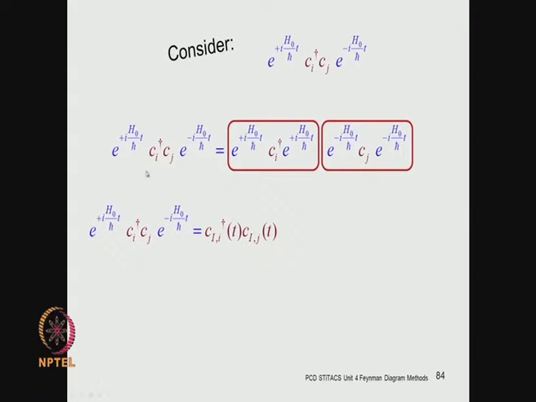We find that this combination of operators transforms to the interaction picture, and what you get is the same kind of operator. So, here you had Ci dagger and Cj, here also you have got Ci dagger and Cj, but there is this subscript I which tells us that this is now in the interaction picture. The general form is retained, but these are different operators, they are the operators in the interaction picture.